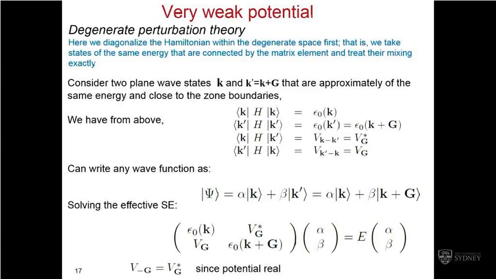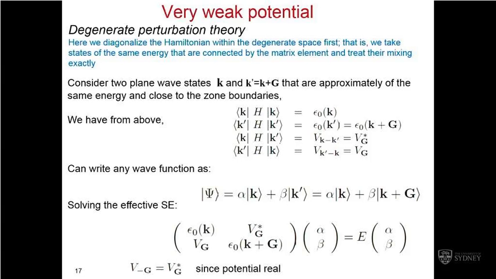In this situation, we have the degeneracy at the zone boundary, so we can equate k with k plus G. So at the zone boundary, E0 of k equals E0 of k plus G. And if we set this term equal to this one here, we just get the square of those terms, and this is equal to just the magnitude of V of G squared.